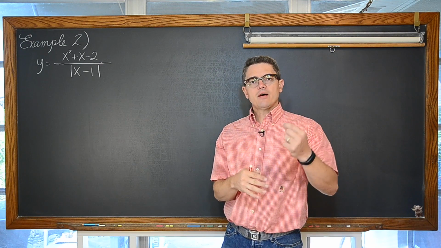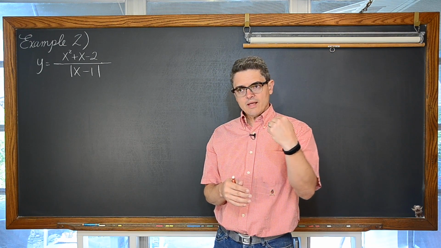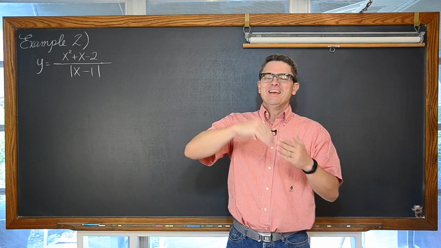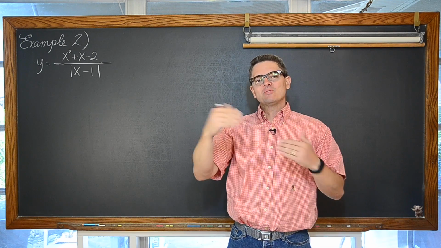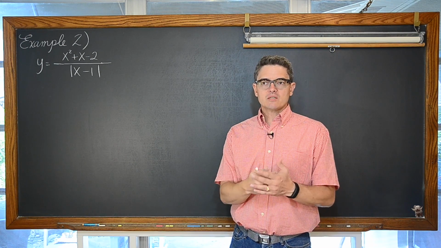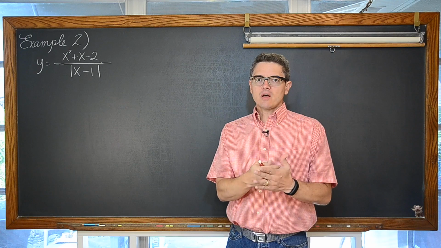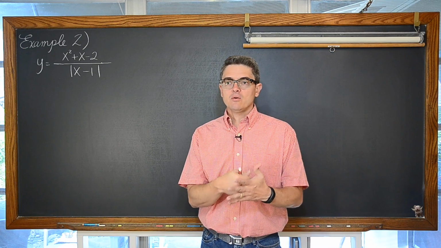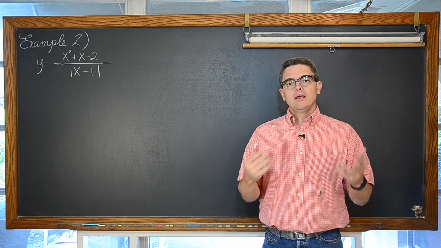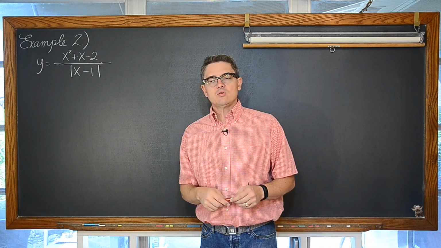Now, if there was a value of x that allowed the denominator to be equal to 0 and it did not cancel or divide out with something in the numerator, well, then you have a vertical asymptote. So we talked about, okay, a factor in the denominator can possibly equal 0, vertical asymptote unless it can cancel with a common factor in the numerator, and then therefore at that place you have a hole.